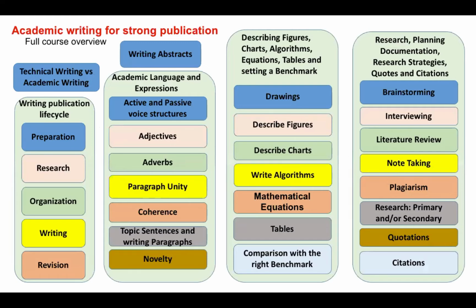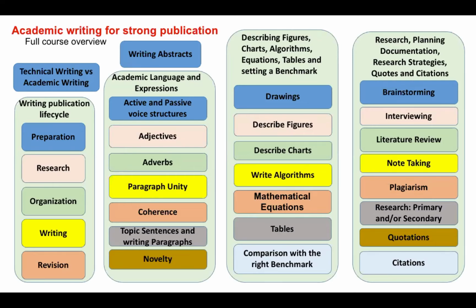So here's an overall image of the course and the requirements everybody needs to understand and follow to have the capability to write a strong publication. I usually divide them into 4 sets, as you see, column-wise. The first one has 2 main points.